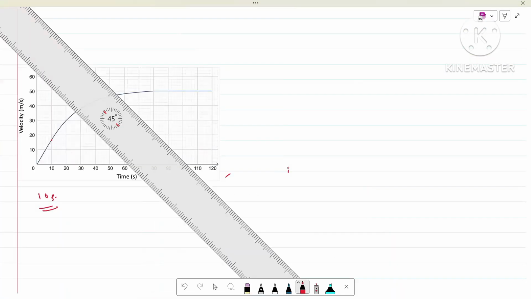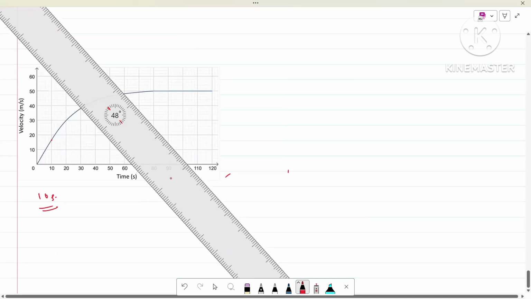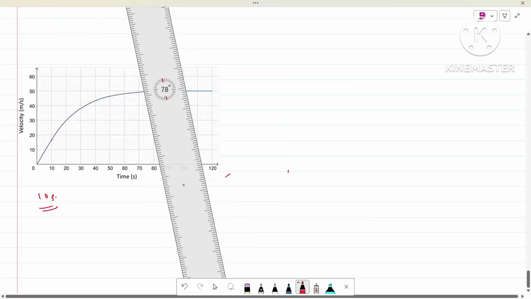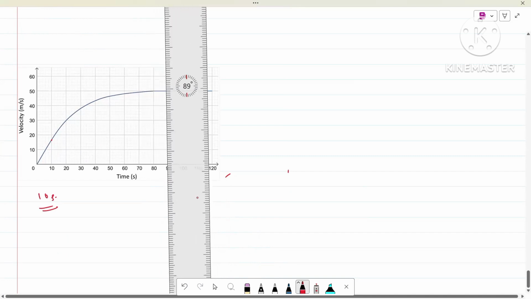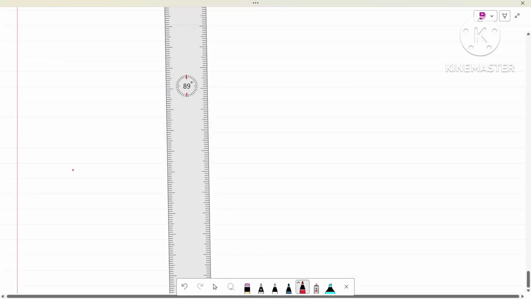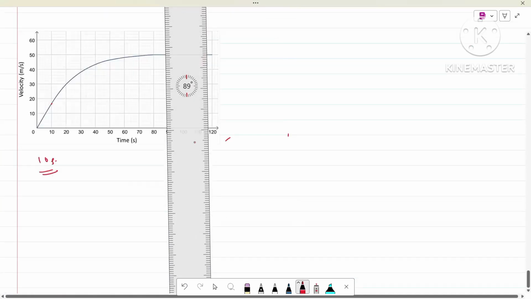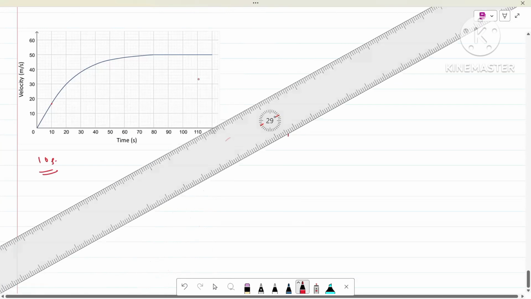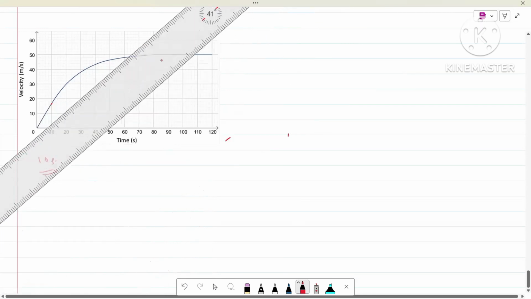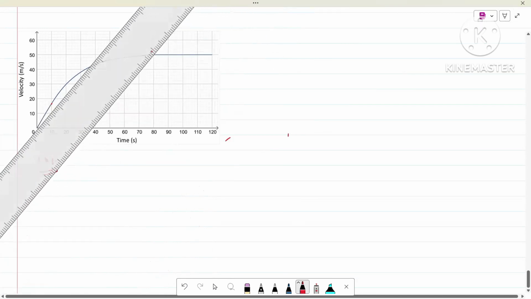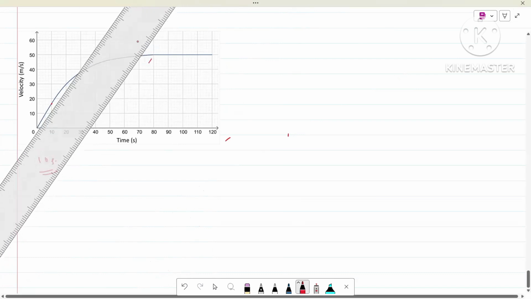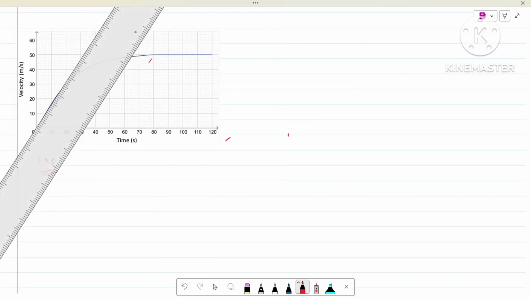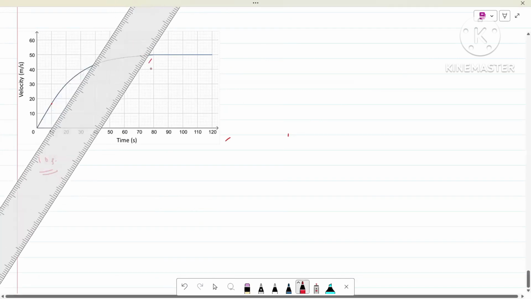So if I keep the ruler here, so we can see this is a straight line. Clear? Till this point, it is a straight line.